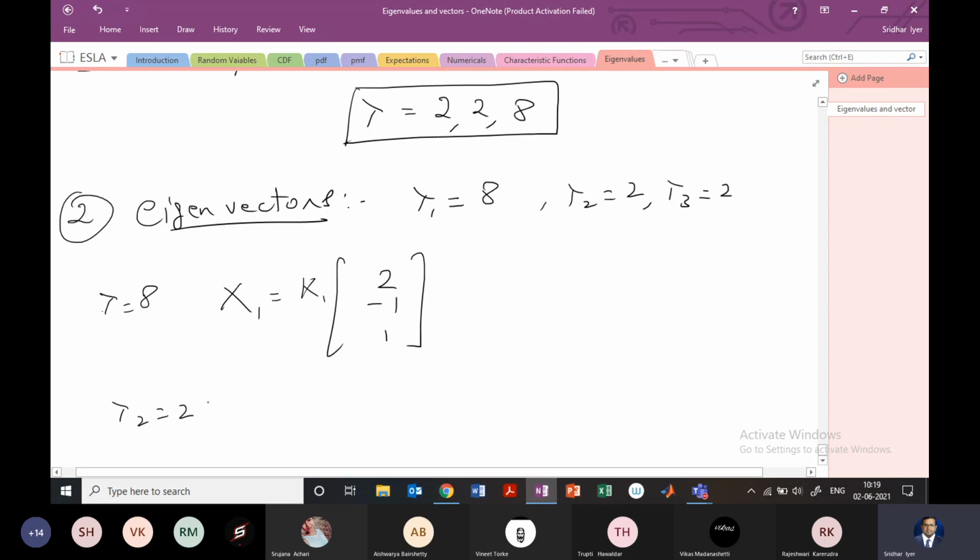And for lambda equal to 2, I get x2, which is some k2 times (0, 1, 1). And then for another lambda 3 equal to 2, I get k3 times (negative 1, 0, 2).